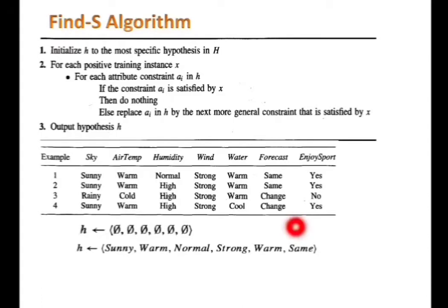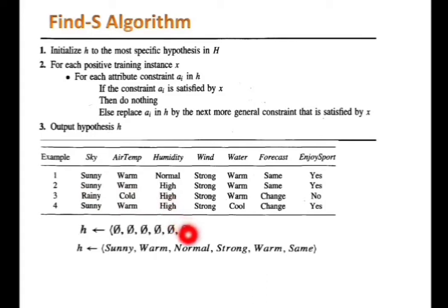Similarly, we'll take the second example here. The second example is a positive example. So here we have the hypothesis now: sunny, warm, normal, strong, warm, same. Here in the training example the first value is sunny, in the hypothesis also sunny, so both are same, so no need to modify. In the example the second attribute is warm, here also warm, so no change in the value.